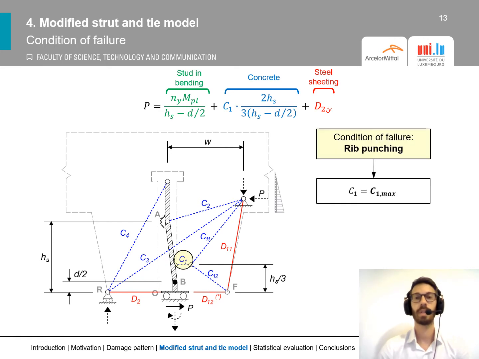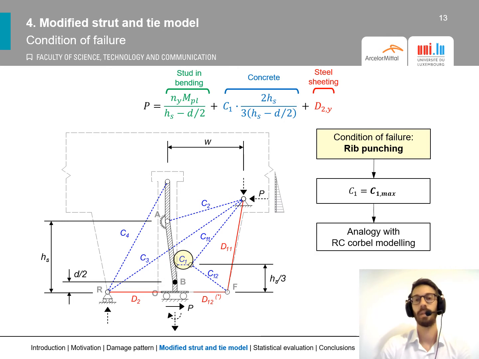This condition is exactly the condition of failure, considered here as rib punching. This means, in terms of analytical modeling, that the strut C1, representing the bearing forces acting on the shank of the stud, reaches a certain maximum value, C1 max.